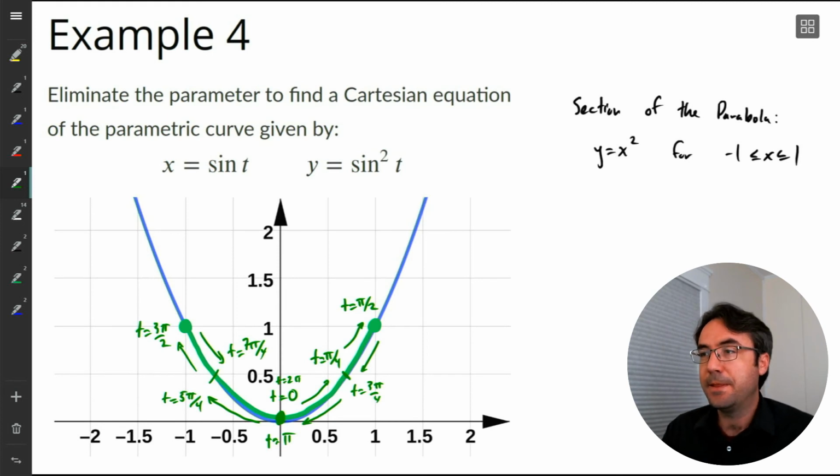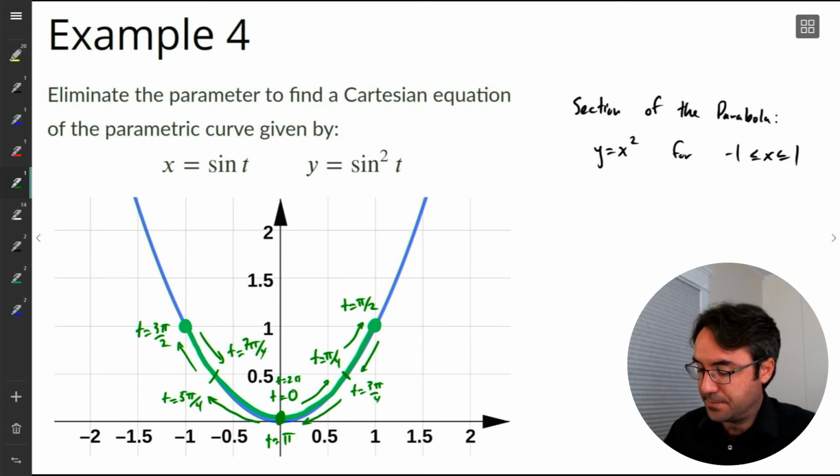So that's why this technique is helpful. We can use this to help picture what the underlying structure is, and then plot a few points to confirm the direction. How are we actually tracing out the points?